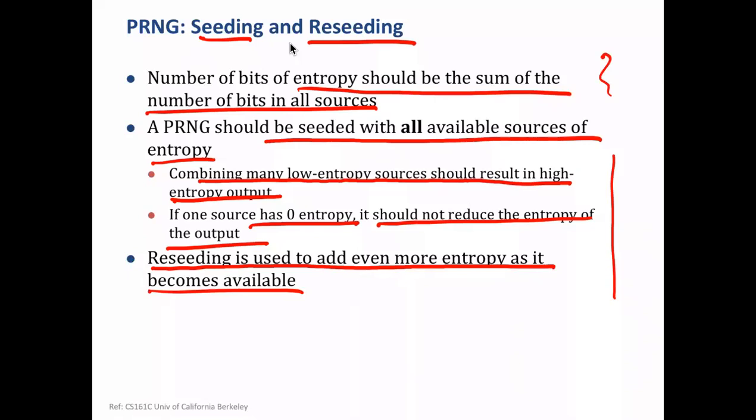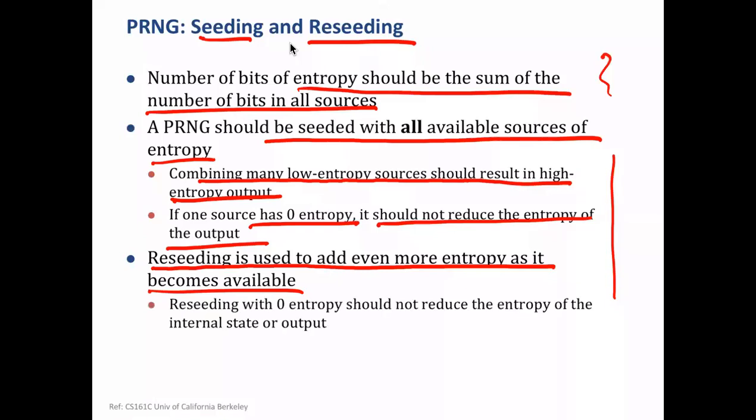For example, if you're taking a measurement of a system, it will take milliseconds, or maybe sometimes hundreds of milliseconds, because there's a physical element here, right? So as soon as it becomes available, then use that in the process.